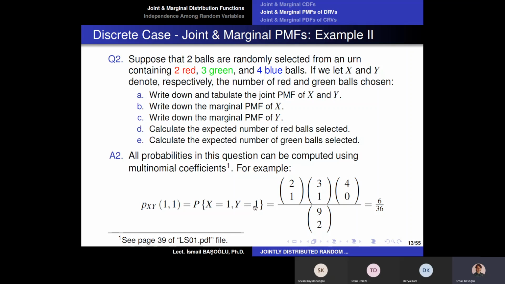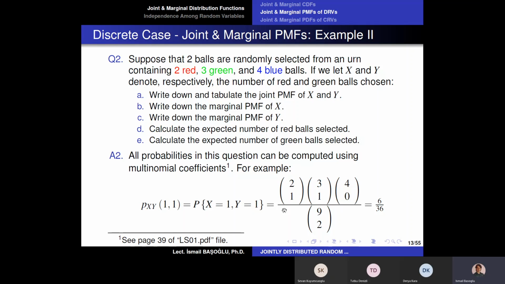Another case is where we select two green balls, which is the probability of X being equal to 0 and Y being equal to 2. And in that case, in the numerator, we will write 2 choose 0, 3 choose 2, and 4 choose 0. Another case is where the number of red balls is equal to 1 and the number of green balls is equal to 0, which means the other ball that we select is blue, and that is going to have 2 choose 1, 3 choose 0, and 4 choose 1 in the numerator.